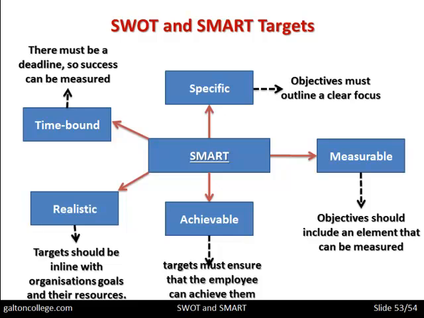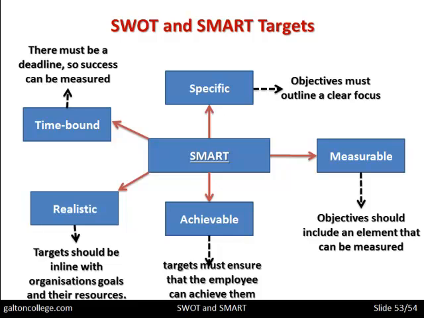So we've got two techniques here in this video. We've looked at SWOT, which looks at the person in terms of strengths, weaknesses, opportunities and threats, and takes a more general view of the type of strengths the person has and the weaknesses and so on. And SMART is what the organization, perhaps the line manager, can require of the employee.